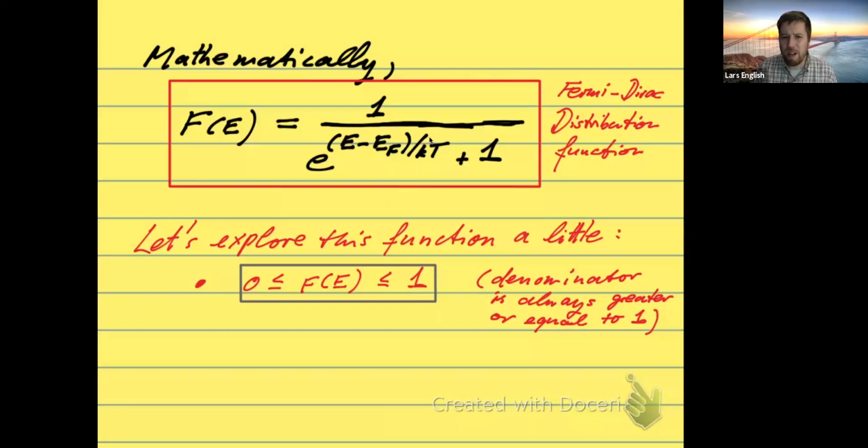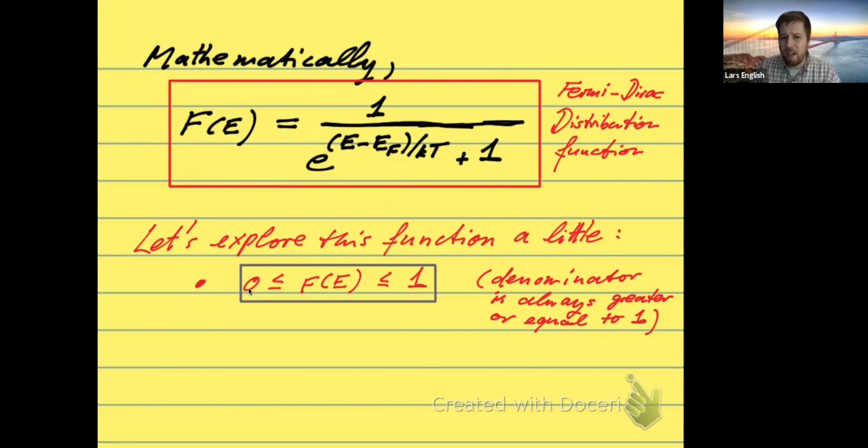Right? Because the exponential function cannot be negative. It's always some positive number. And so the denominator then is always slightly bigger than 1. And therefore we get this function never getting any bigger than 1.